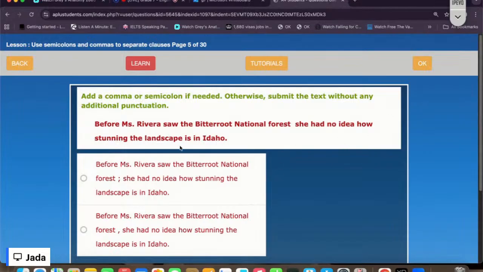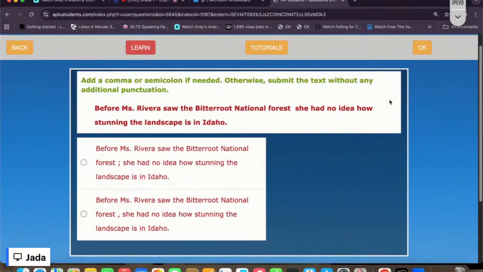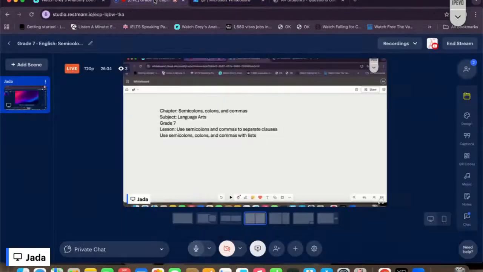Alright, so we have the next. Before Miss Rivera saw the Beechwood National Forest, she had no idea how stunning the landscape is in Idaho. So is it first or second?